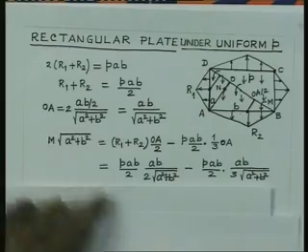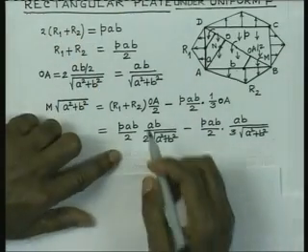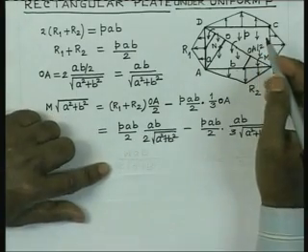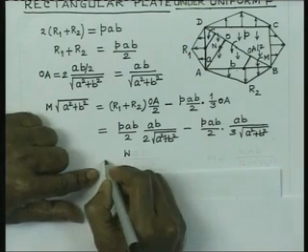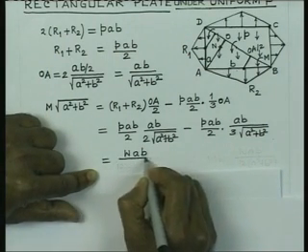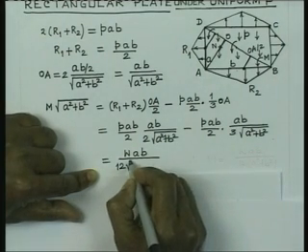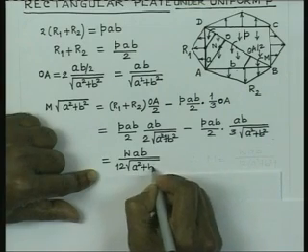Once you substitute, you know that PAB is nothing but, if you consider the total pressure equal to W, this is W times AB. So, it simplifies to 12 square root of A square plus B square.